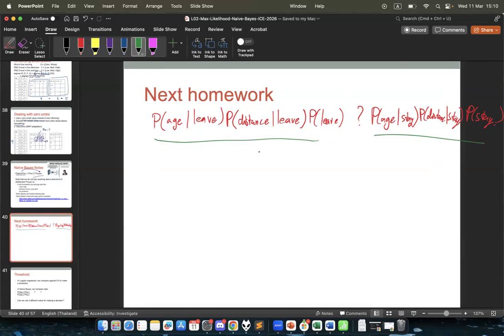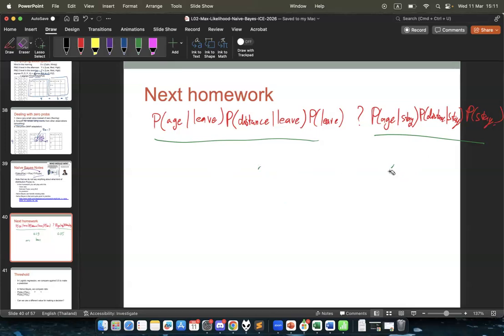Let's say I compute this one is 0.19 and this one is 0.05. Then your answer is leave for that person. So this is naive Bayes.